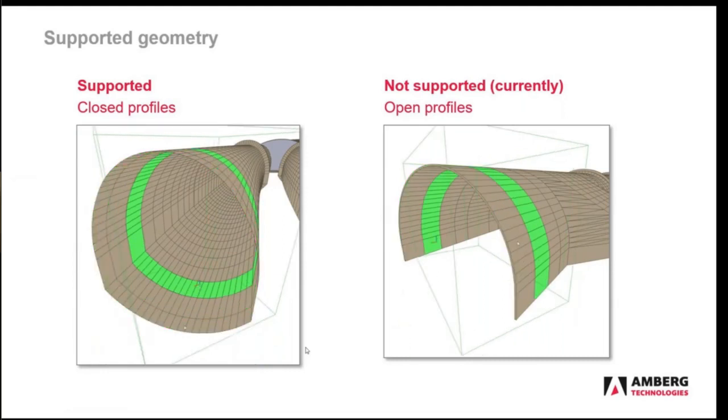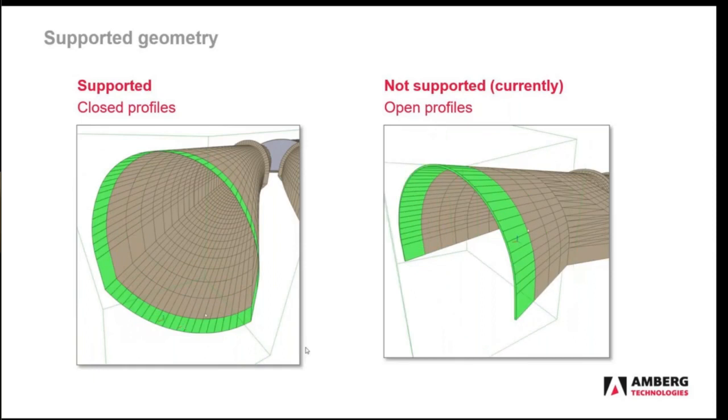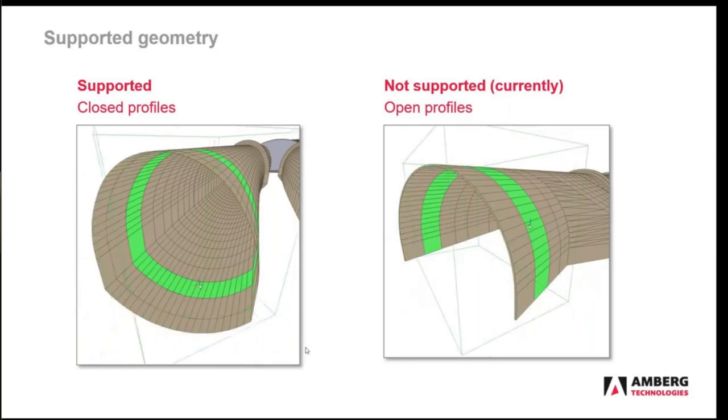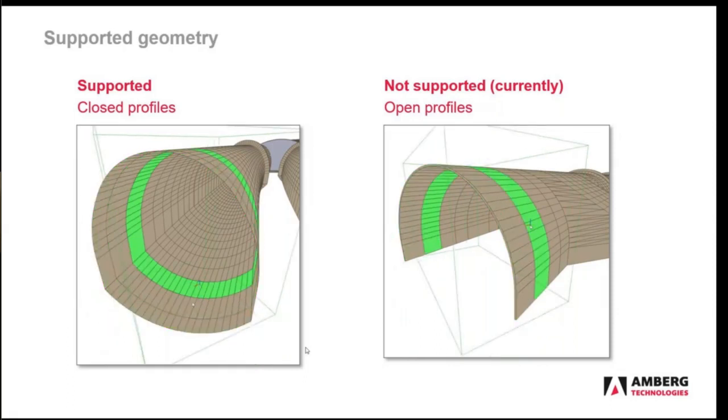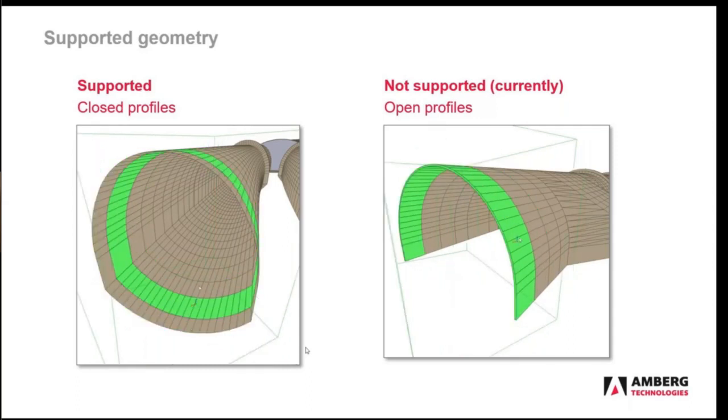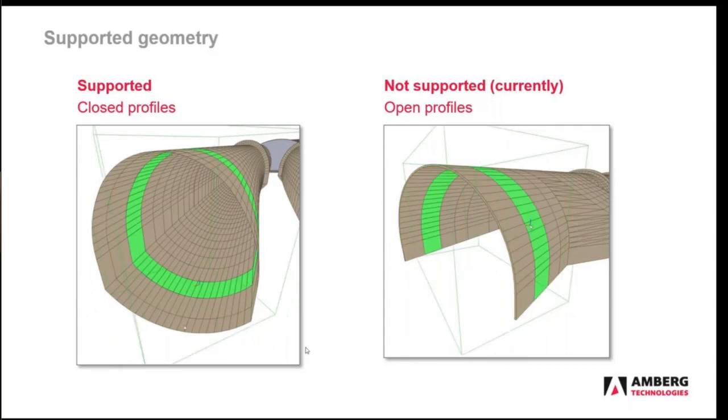And you see when you select an object, it selects the entire loop. This closed profile is necessary at the moment to do all of the analysis in Amberg Tunnel. What you see on the right hand side is currently not supported because of course it's not a closed loop. So this is one of the main factors to consider at the moment.